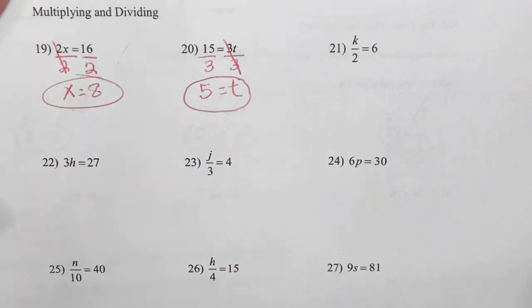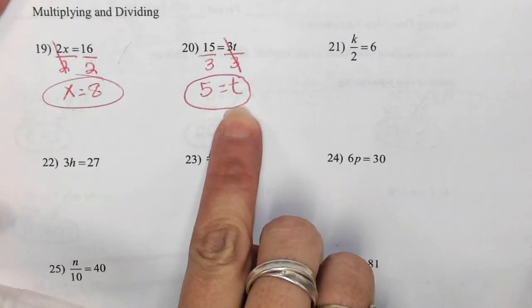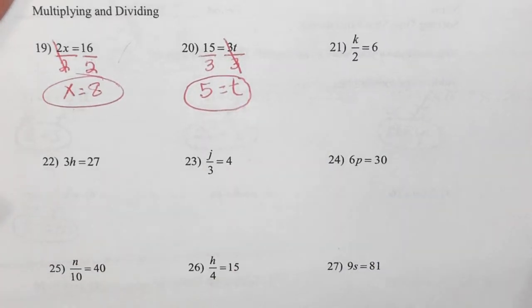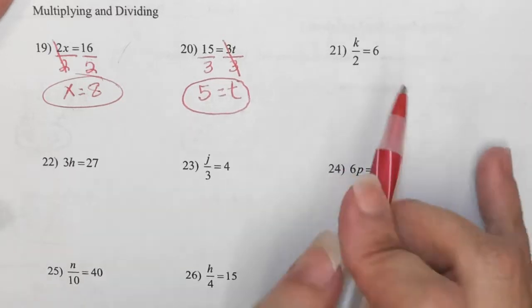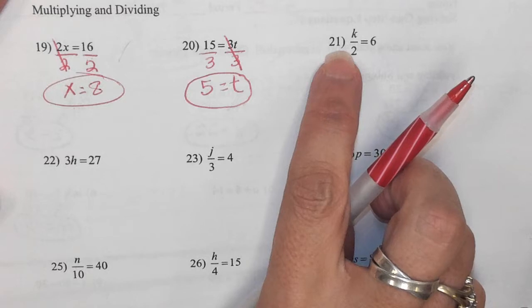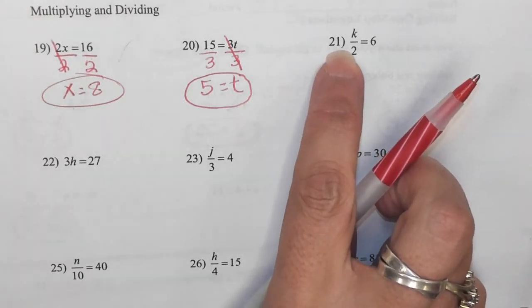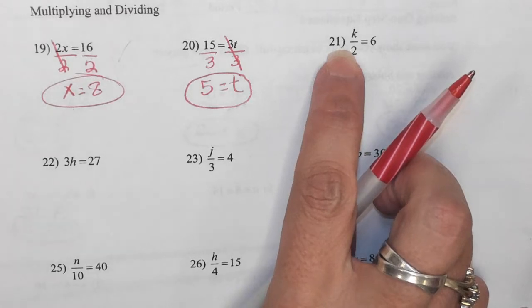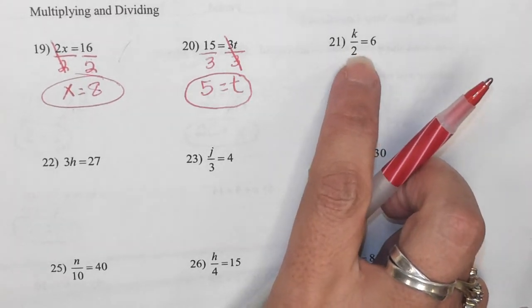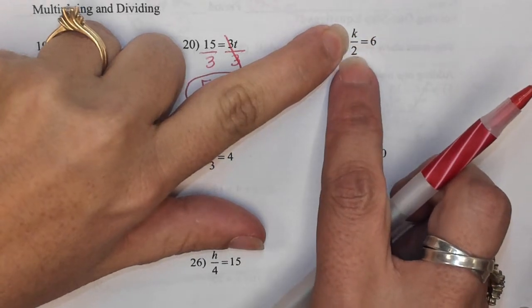I just keep mine going straight down. So if my t is on the right side, I keep it on the right side. That's just me. Okay, 21 is the weird one because unfortunately the math problem number is right next to it. If I was doing this on notebook paper, I would scoot it over and leave some space right there. The reason is it officially means k divided by 2.